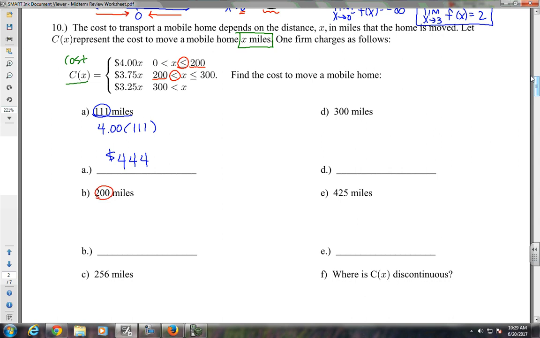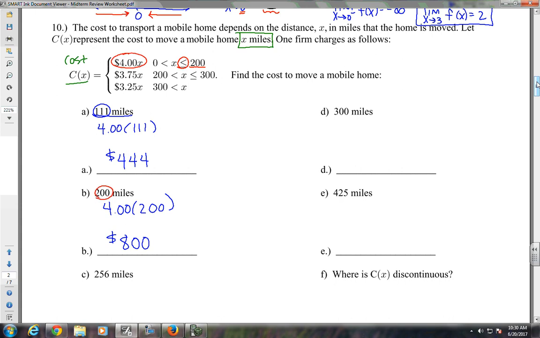So x equal to 200 fits on that first line. So I will be using this rule again. We're going to take 4.00 times 200 miles, and we're going to end up with $800.